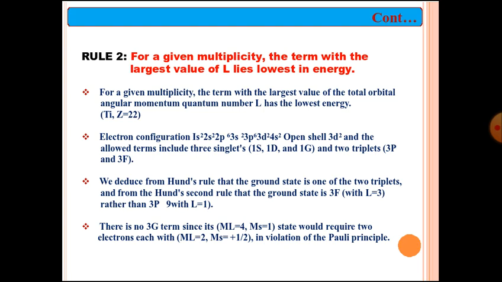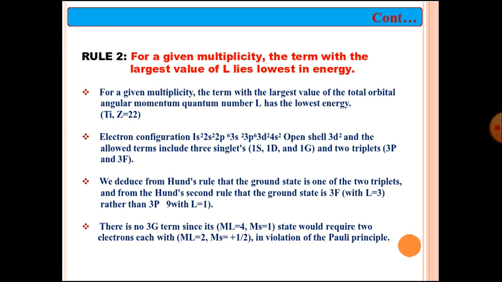We deduce from Hund's first rule that the ground state is one of the 2 triplets, and from Hund's second rule that the ground state is 3F. That means here L equal to 3 rather than 3P with L equal to 1.